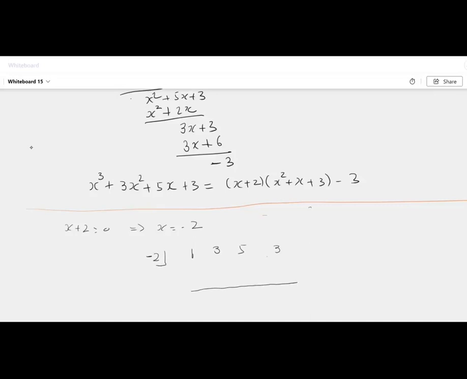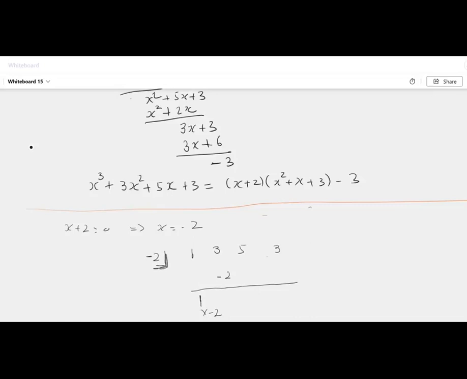The first thing you do is look at the first coefficient, 1, and put that down as 1 here, and then you multiply that by minus 2, put this minus 2 there, and the result is minus 2, of course.